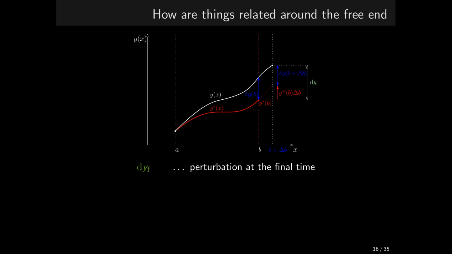Note also that even though the optimal trajectory y star is only defined up to b, we use a simple linear extrapolation to define it also for the perturbed time b plus delta b. Contemplating this sketch a bit, we can come up with the following relationship among the various quantities defined at the perturbed final time b plus delta b.